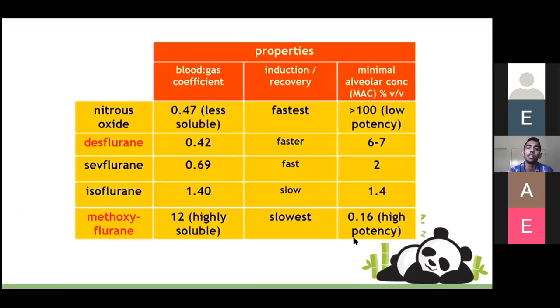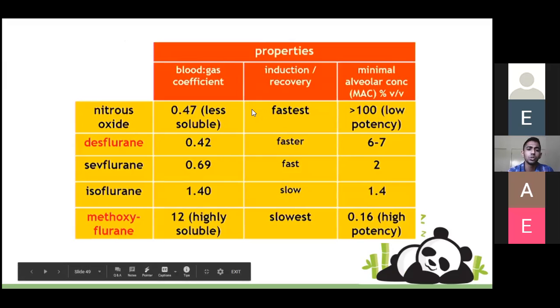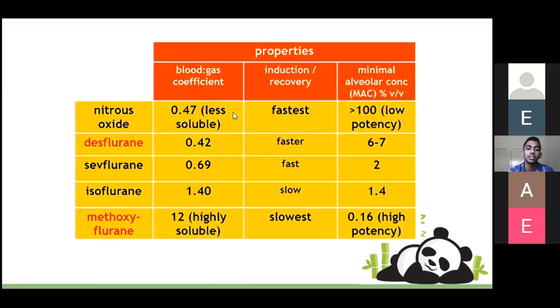I've got this table that Richard likes to talk about, and he'll probably explain it better than me. You've got the blood gas coefficient. If it has less solubility in the blood, it's going to move faster across the blood-brain barrier and have a faster induction. That solubility is correlated with its potency.